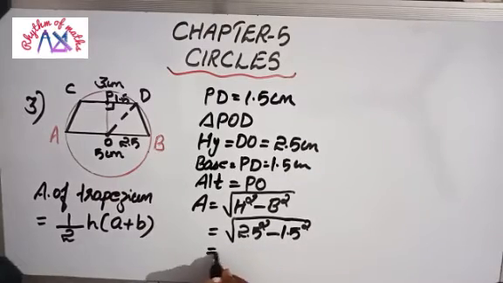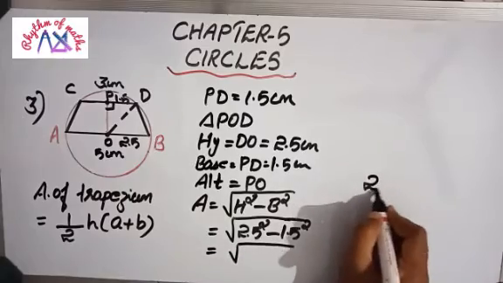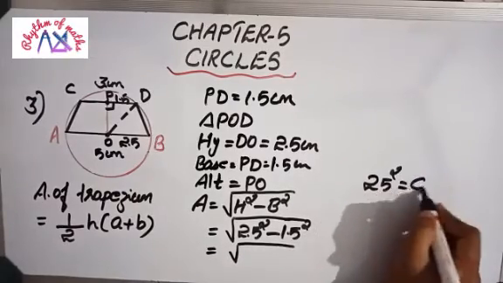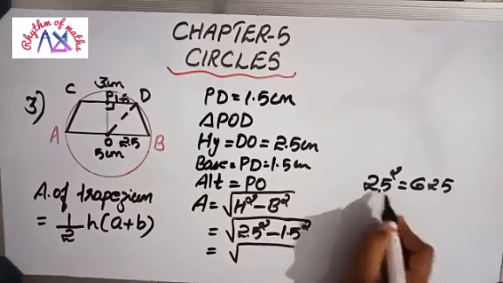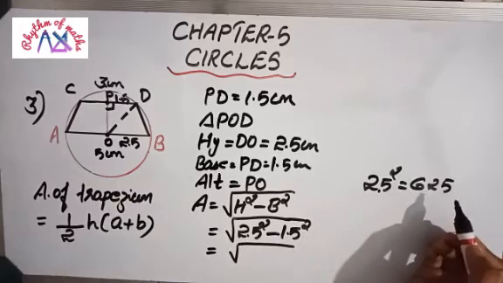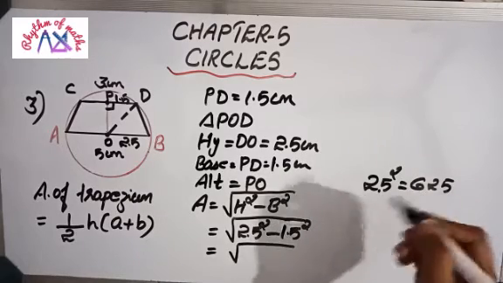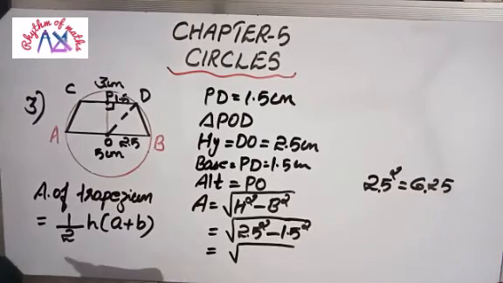Now 2.5 square. 25 square we know, 25 square is 625. If it is 2.5, with only one number after the point, then in the answer there must be double that, two numbers after the point.